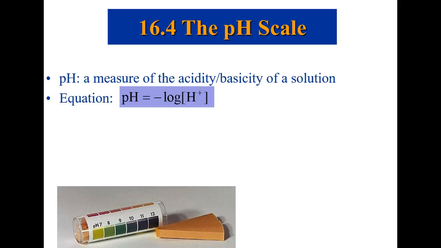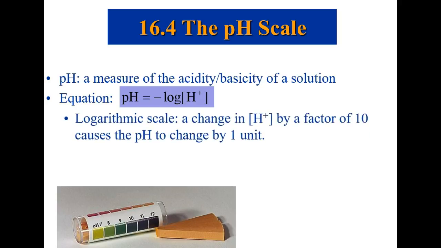As we start working with pH and pH scales, keep in mind what that log base 10 scale is telling you. This equation is based on a logarithmic scale, which means a change in your concentration of H plus by a factor of 10 causes the pH to change by 1 unit.